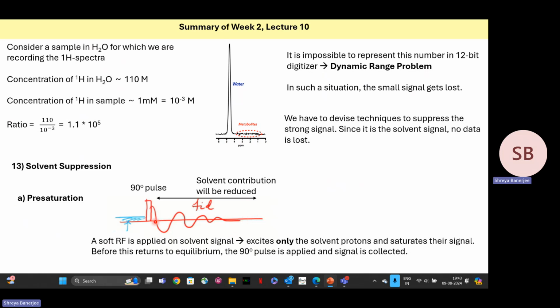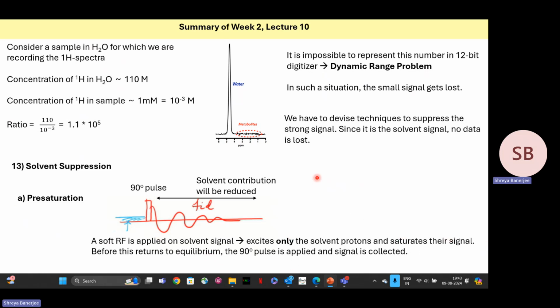One thing you have to do before that is you apply a soft RF on the solvent signal. So this radio frequency, shown in blue, will excite only the solvent protons and it will completely saturate the signal of the solvent protons.